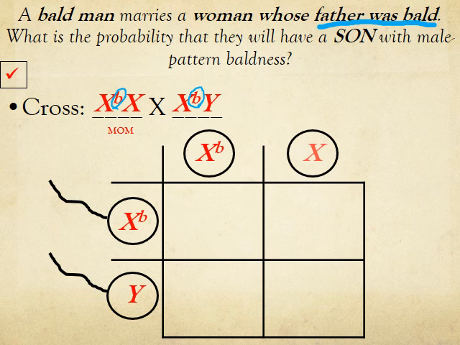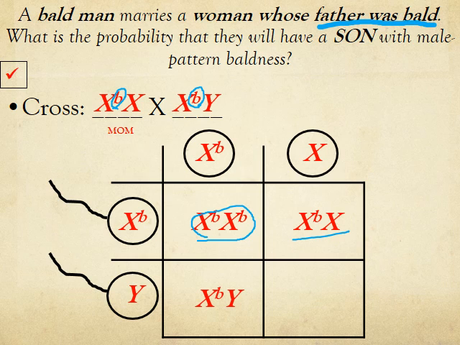So we go ahead, set up our Punnett square, and let's see what happens. The first one we get would be XBX. Yes, that is a female with male pattern baldness. It can happen. In our upper right, we get XBX, resulting in a female carrier. In our third, we've got XBX, and in our fourth, just XY.